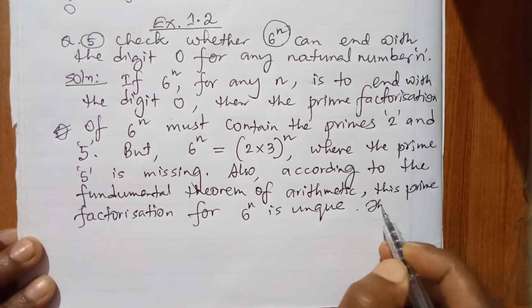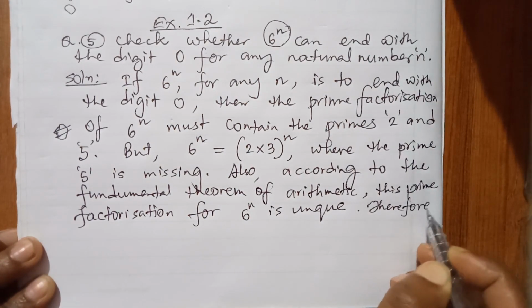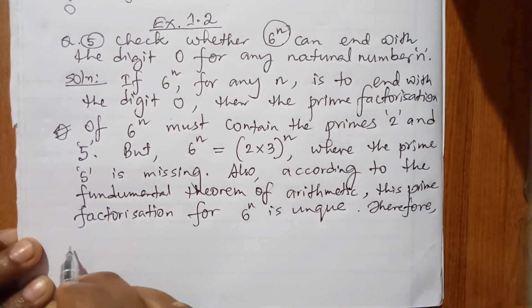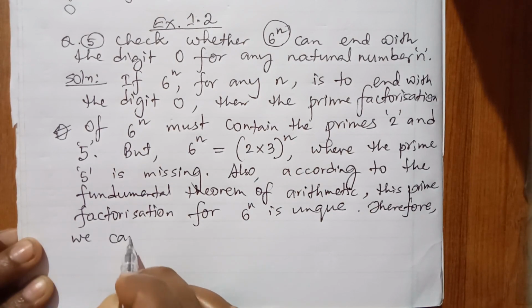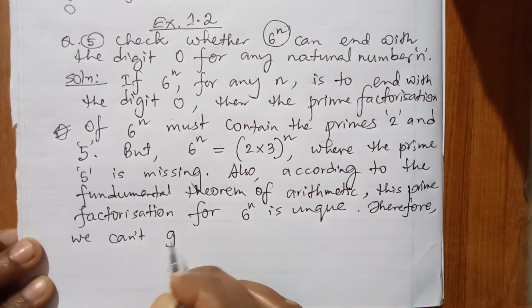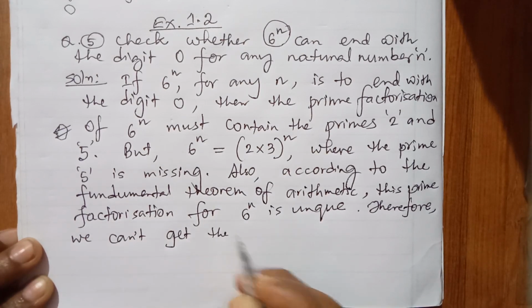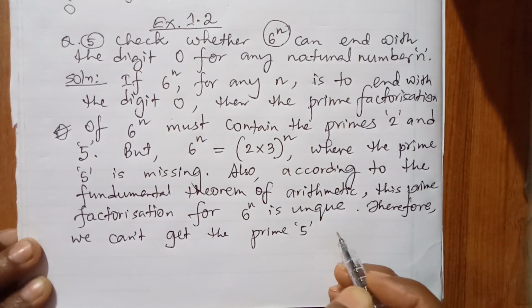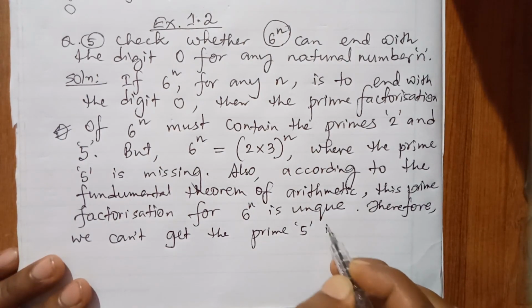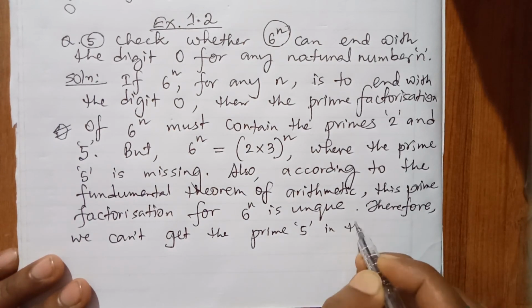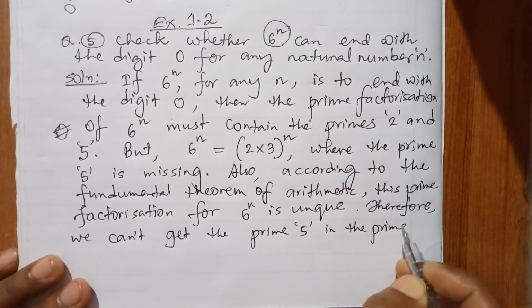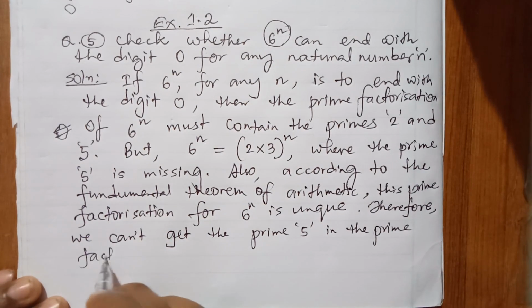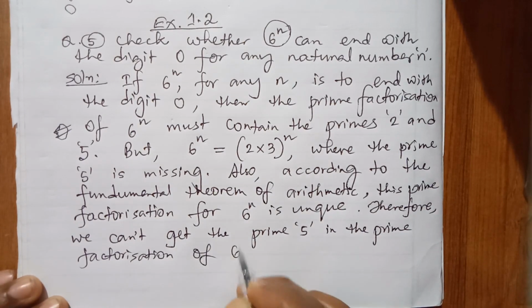So therefore we can't get the prime 5 in the prime factorization of 6 to the power n.